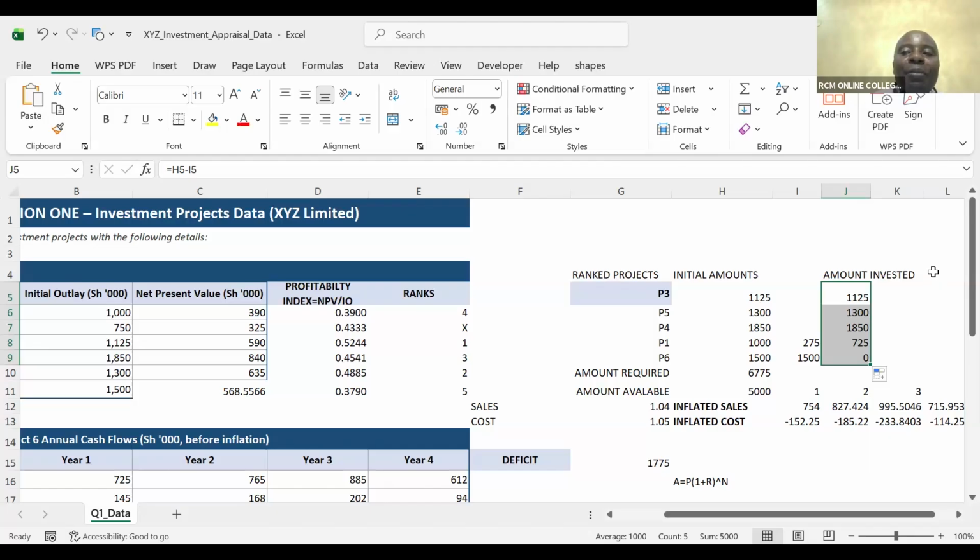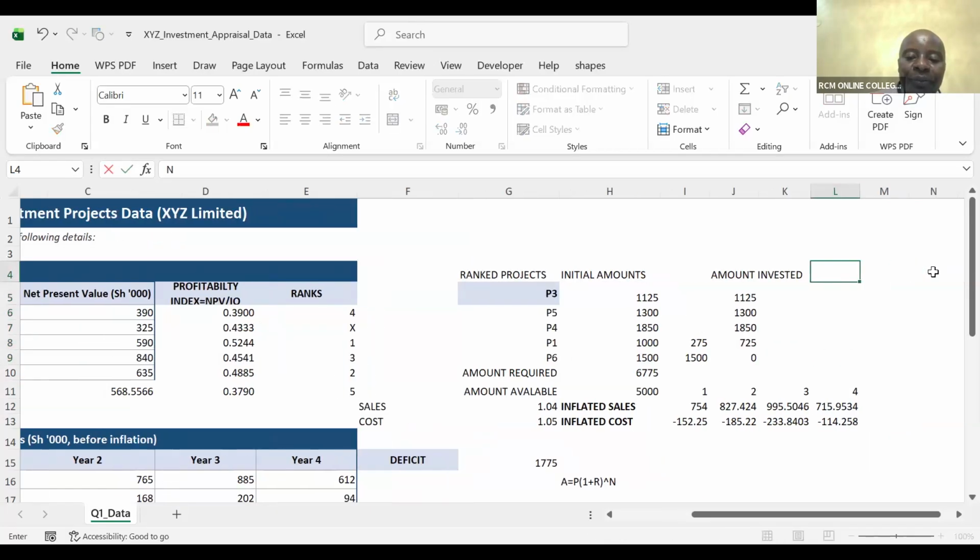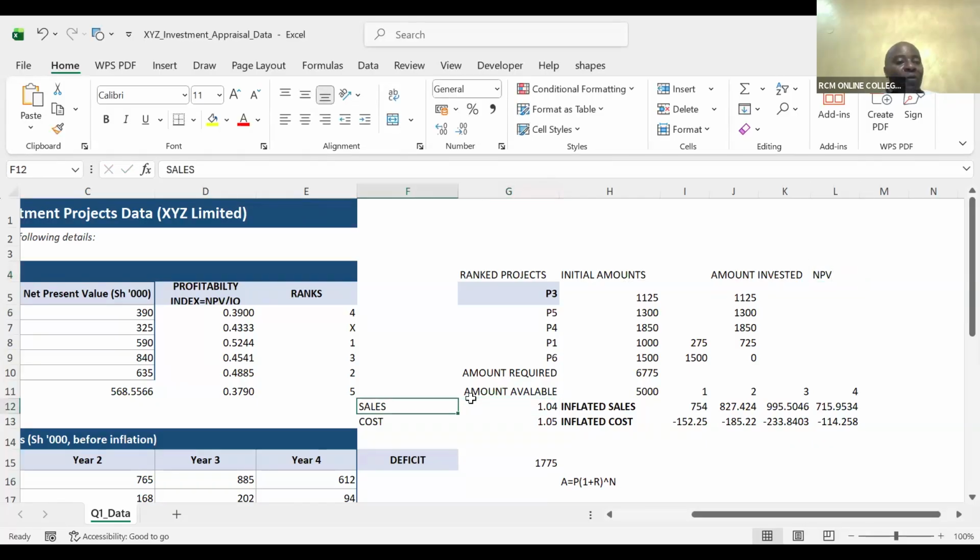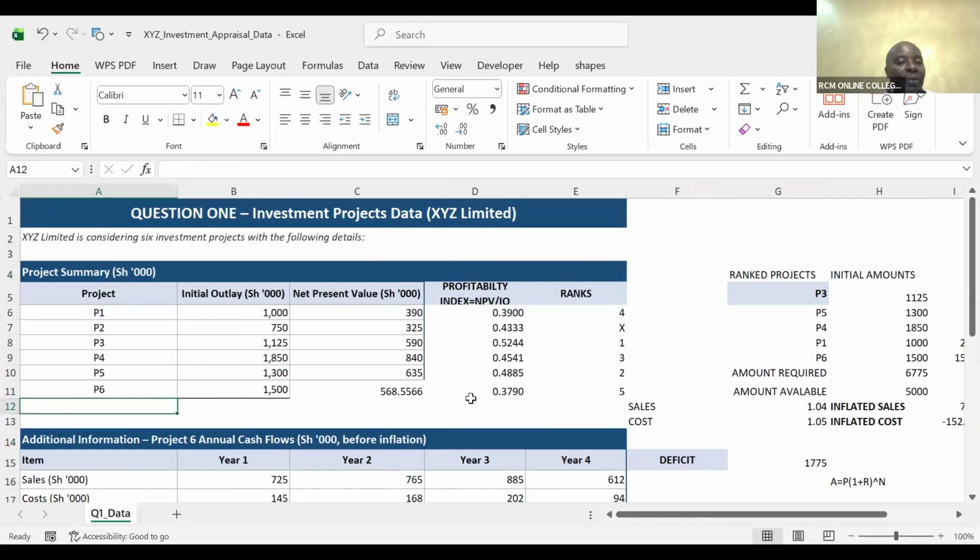Please listen to me very well. Project P3, I've invested in everything. So I'm going to enjoy its NPV in full. This P3, the NPV, I'll pick it the way it is here.